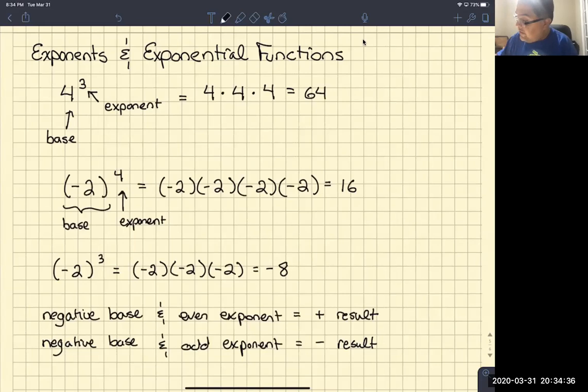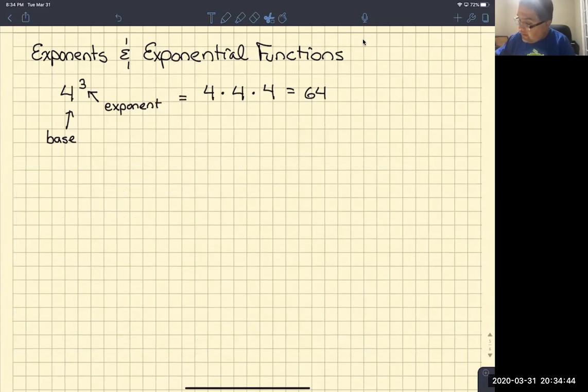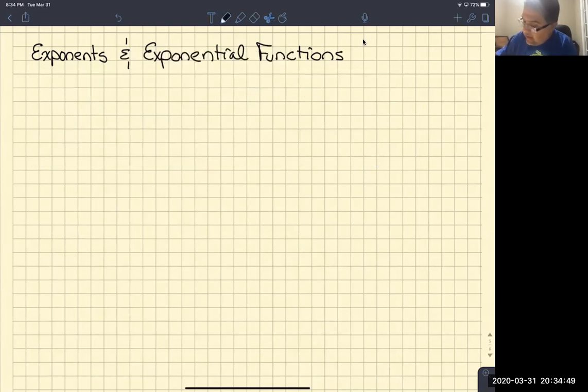Now, a couple of other things to remember about bases and exponents. Let's take, for example, a situation like this. 4a in parentheses cubed.